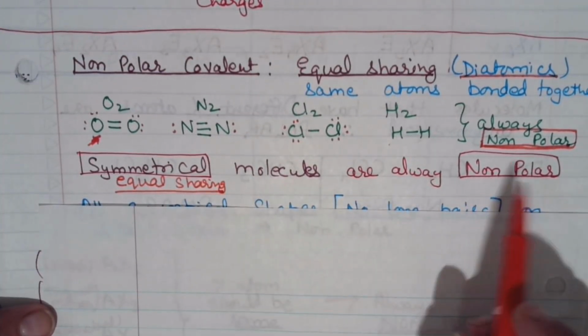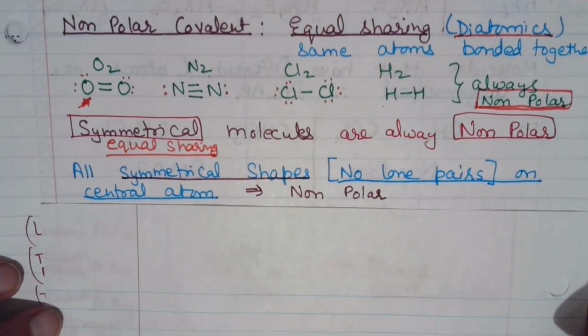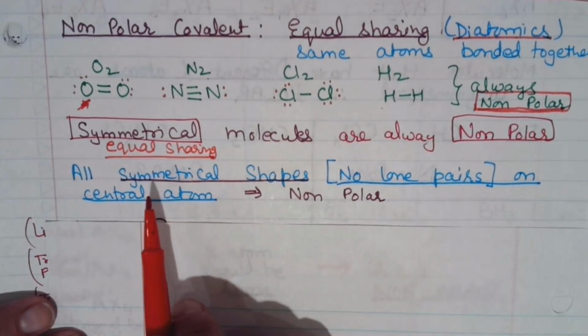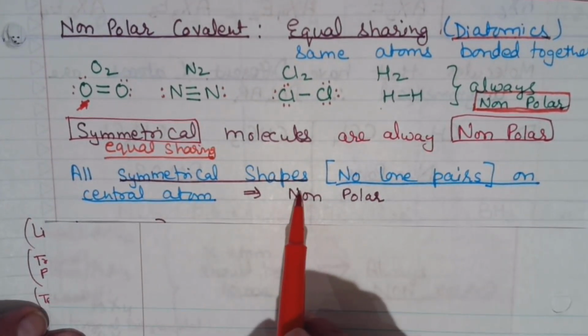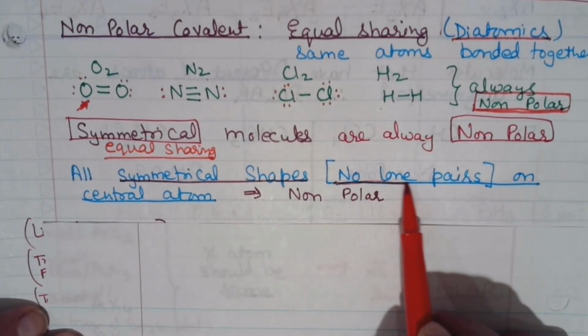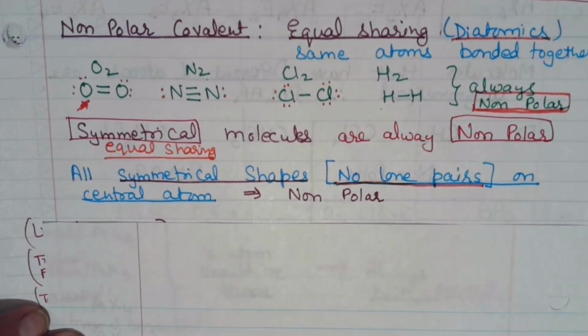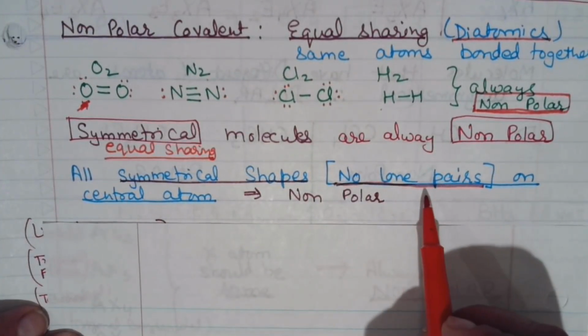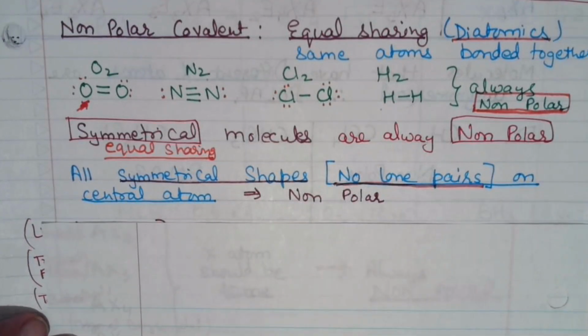They are always non-polar. Okay? And all the symmetrical shapes are those shapes when there is no lone pair on the central atom. Those shapes are always non-polar.